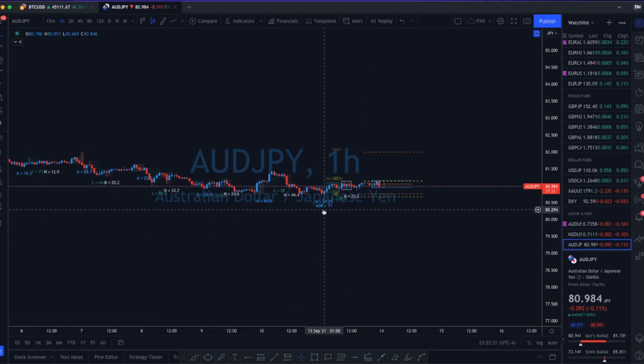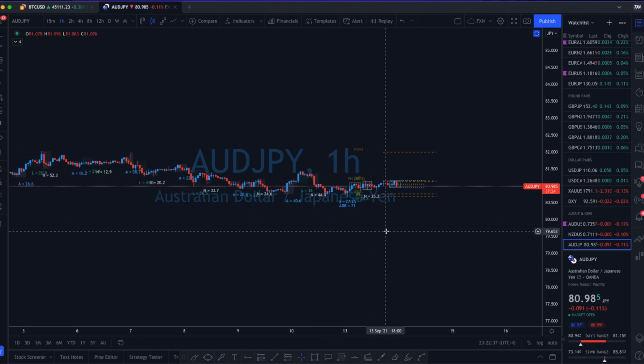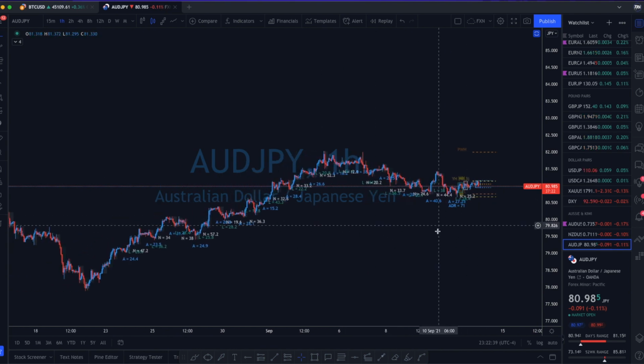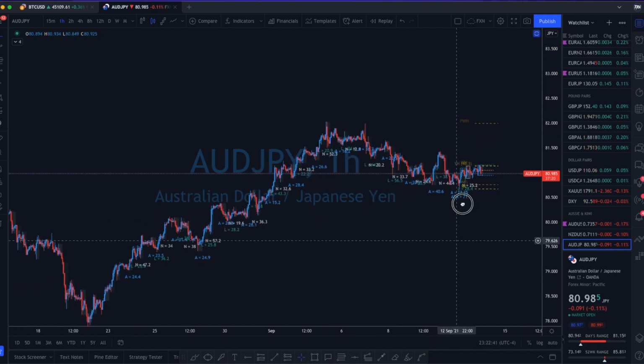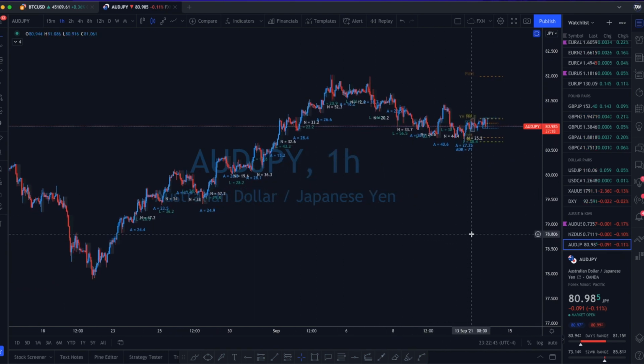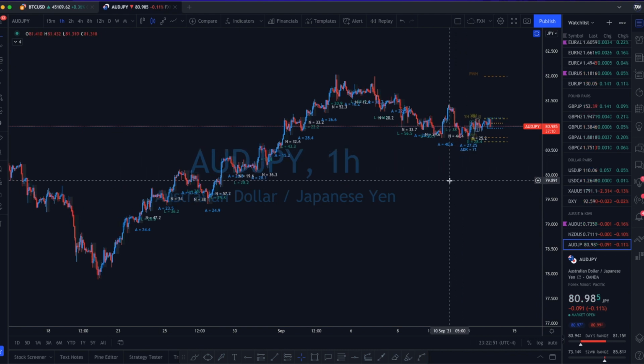You can see here ADR is about 71. So this pair moves on average about 71 pips per day. Typically, you times this number by 3, and that'll give you a full cycle before you should expect some kind of reversal, right?